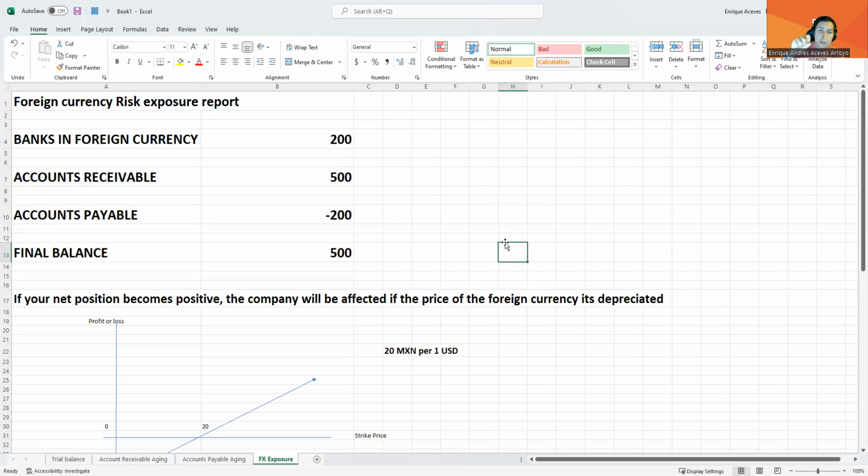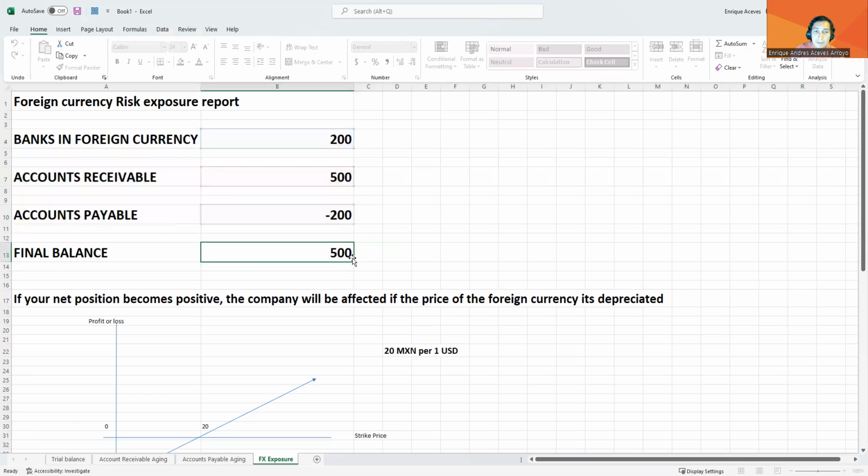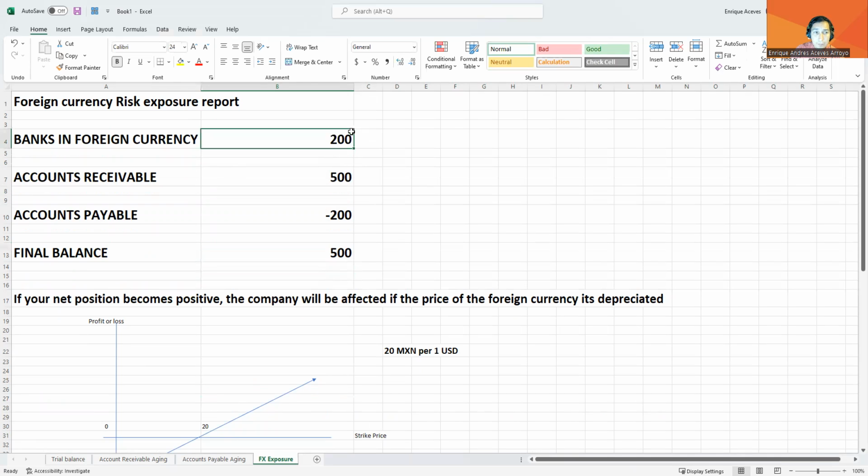The first case is when your final balance is positive, like in this case, we have 500. Why? Because we have a $200 exposure in the bank's balance, 500 in the accounts receivable, and we have to decrease the accounts payable balance of 200. So we have a final balance of 500, which is a positive final exposure.